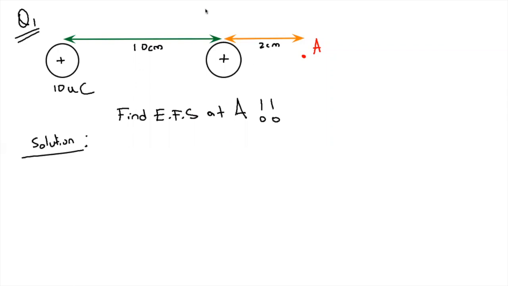Are they going to have the same electric field directions at point A, or will they be different? What do you guys say?